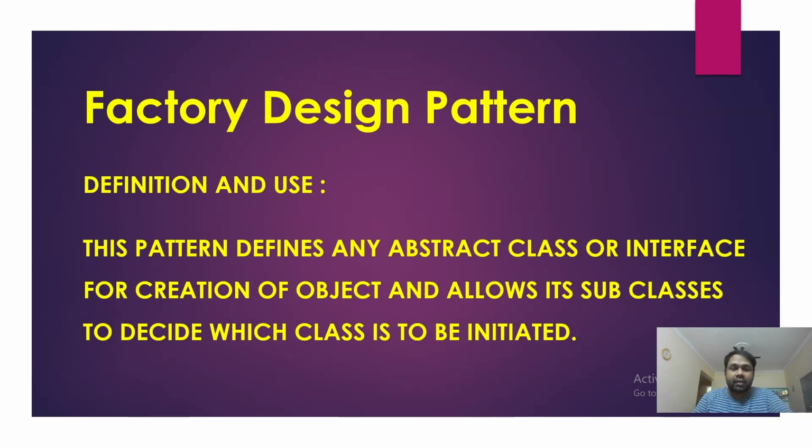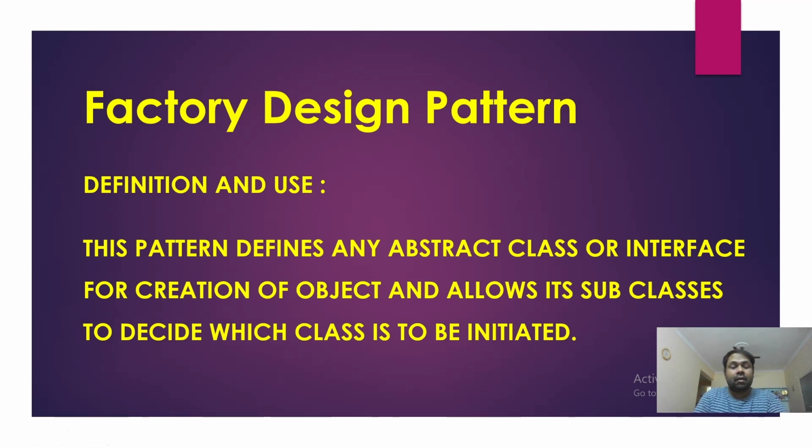For example, if you go to any chocolate factory, multiple models are there. Cadbury chocolate is there, so it has different kinds of chocolates from the factory, and we are deciding which particular kind of chocolate is to be obtained. Here also, the abstract class helps for creation of objects, and it will allow subclasses to decide which class has to be instantiated out of that.